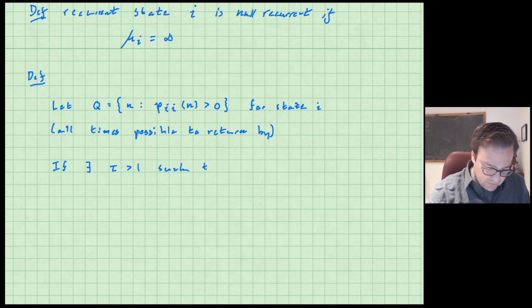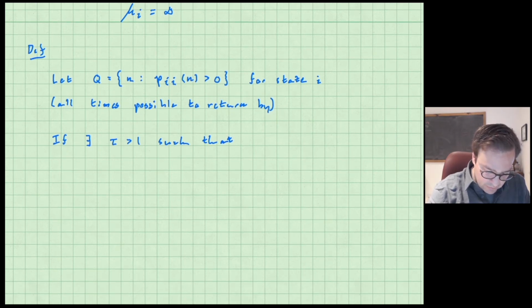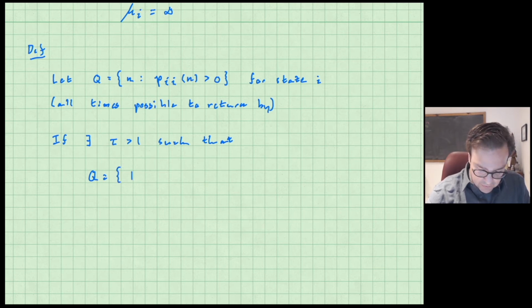you can re-express Q as the set of all k times tau, such that k is 1, 2, and so on.